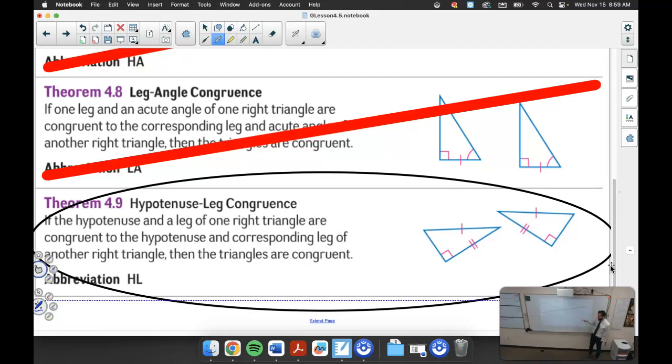There is, though, an HL, because in right triangles, again, they're restricted. They can't do as much as normal triangles can do. If that one angle here is 90 degrees, and you know these two sides, what else do you know? If this is 5 and this is 4, what does this have to be?